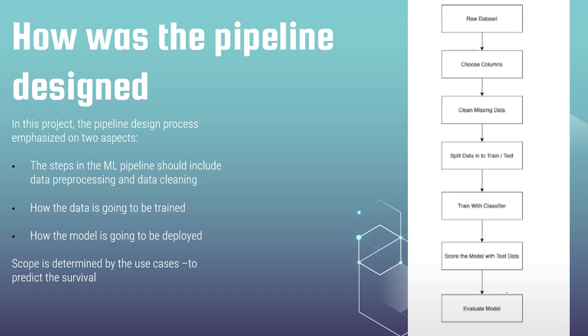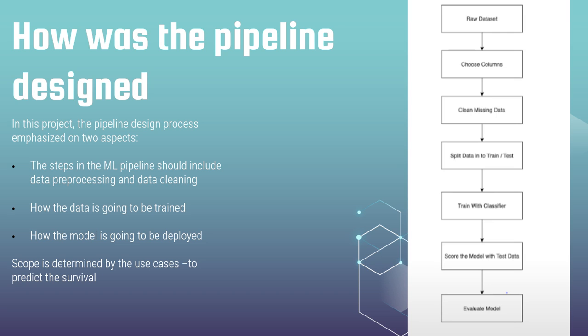So in this project, the pipeline design process emphasized two aspects. The first one is that the steps in the machine learning pipeline should include data pre-processing and data cleaning. So I did put a lot of effort into pre-processing and data cleaning, which I will show you in detail later on.